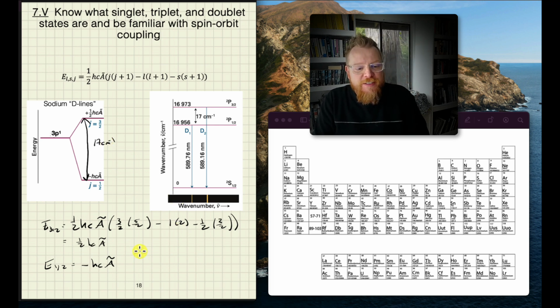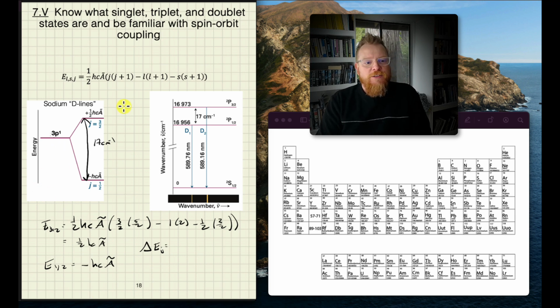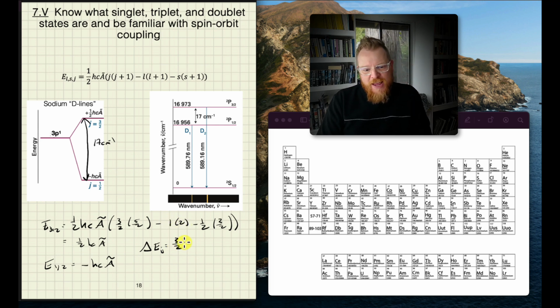Remember, the difference between these corresponds to delta E. So if I subtract those out, I will get 3/2 hcA if I wanted to express my results in joules, or I could remove the hc if I wanted to keep my results in wave numbers.